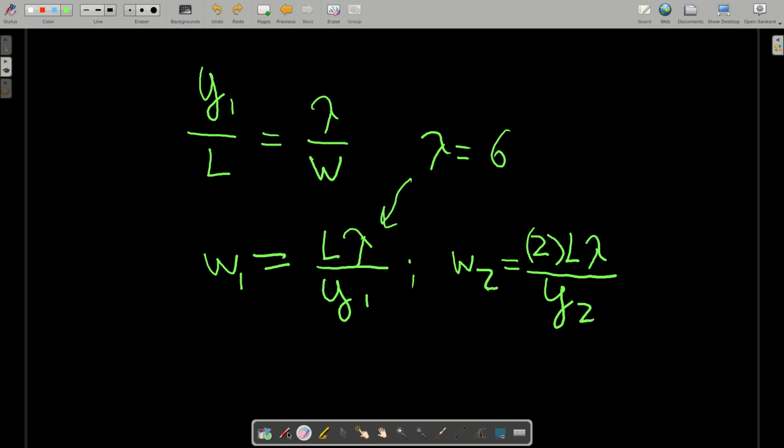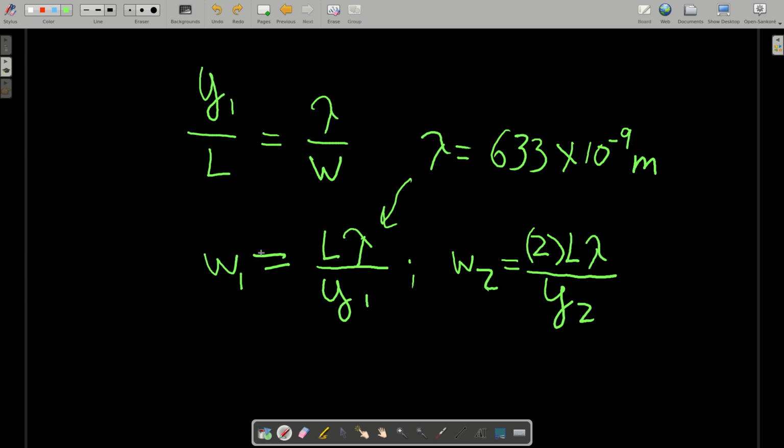Which we're going to write as that. You can convert it however you want to. L depends what units you measured L in. Probably want L and y in the same units. That'll give us the thickness of our hair. Just watch your units on this one, you'll be okay.